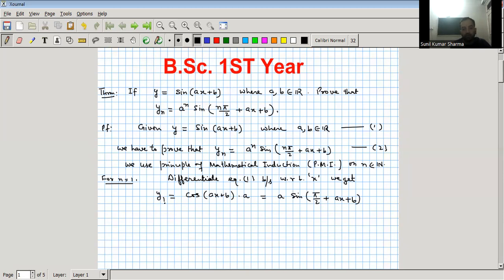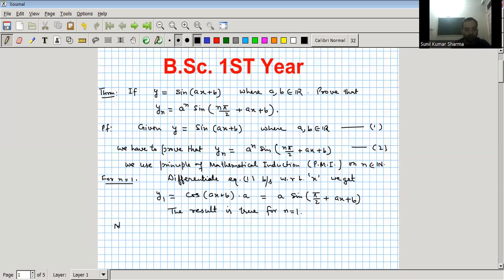Now look at equation number 2. If we put n equal to 1 here, y1 is a to the power 1, that is a, sine of 1 into pi by 2, so pi by 2 plus ax plus b. So we get a sine of pi by 2 plus ax plus b. It means the result is true for n equal to 1.